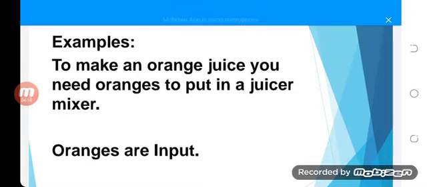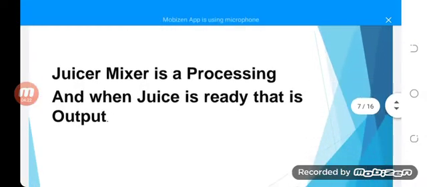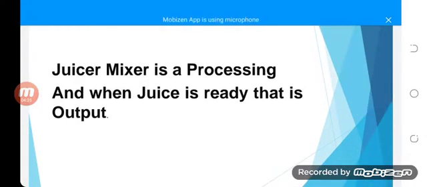After providing input, the juicer mixer is going to start processing, and when the juice is ready, that is your output. For example, you put the oranges in the juicer mixer, and after processing in the juicer, you got a glass of juice, and that is your output basically.